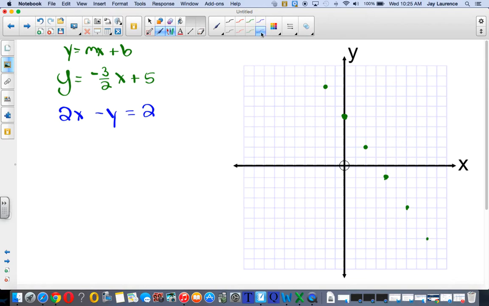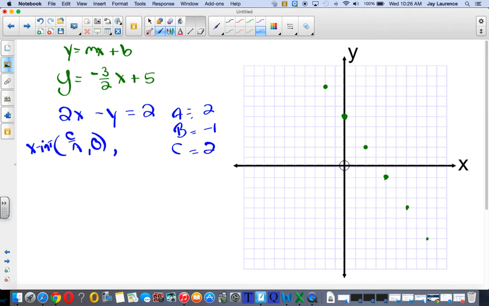Okay, and that's all I can put on right now. And now I'm going to do the blue one. And now the blue one's not in slope-intercept form. I would not go to slope-intercept form on this one. I would find maybe the x-intercept and the slope. So the x-intercept is going to be c over a, 0, and ABC: A is 2, B is negative 1, and C is 2.